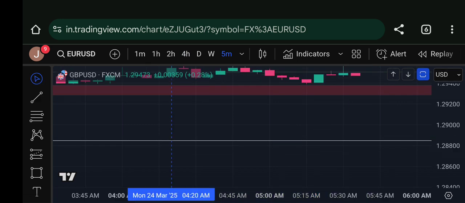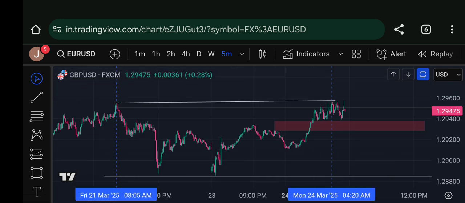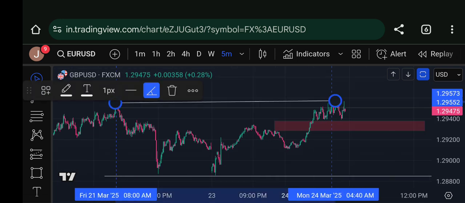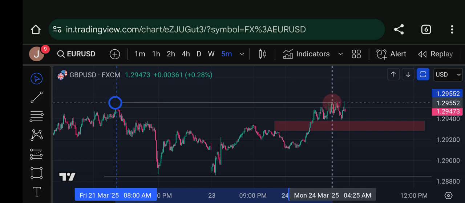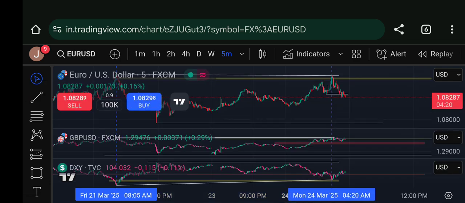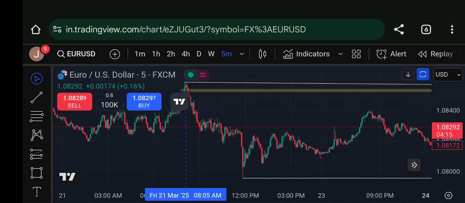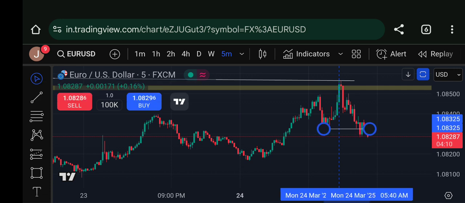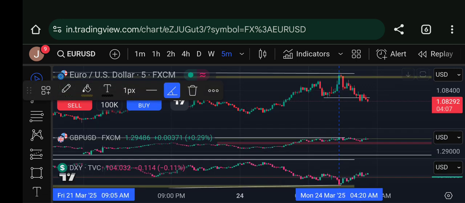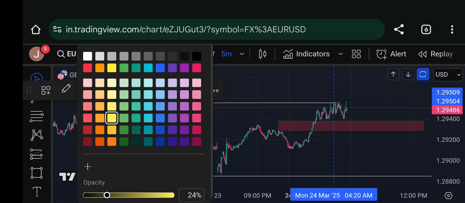So on the 5-minute time frame, if we zoom out, we can see that price made a liquidity sweep here, that is a higher high here. Whereas Euro respected this bearish fair value gap and made a market structure shift, guys. Here Euro respected this fair value gap, whereas GBP did not respect this fair value gap here.